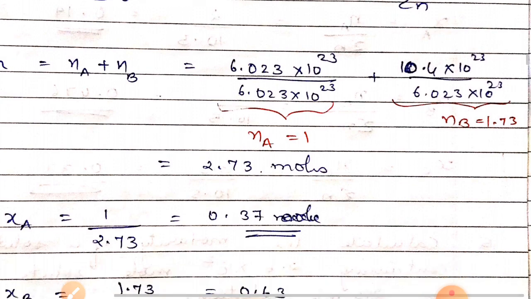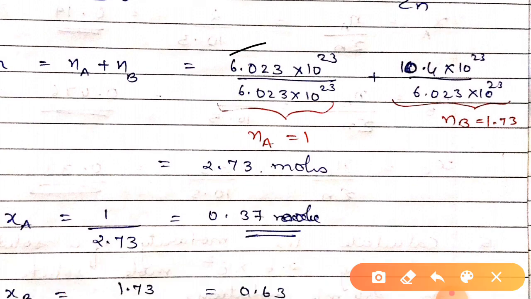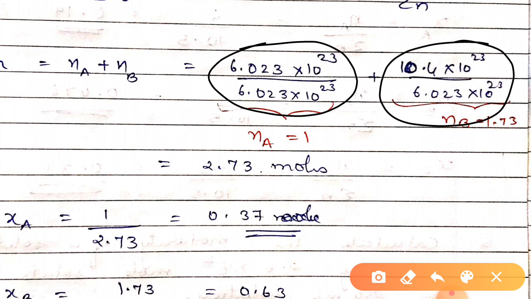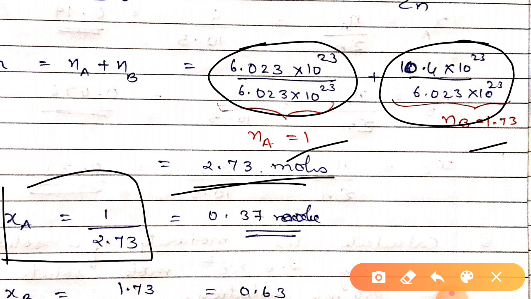So over here, 6.022 × 10^23 upon Avogadro number is equal to the number of moles of A, which is 1, and 10.4 × 10^23 divided by 6.022 × 10^23 is NB, which is 1.73. So the total number of moles is 2.73 mole. And what is the number of moles of A? 1. So XA is equal to 1 upon 2.73, that is 0.37.